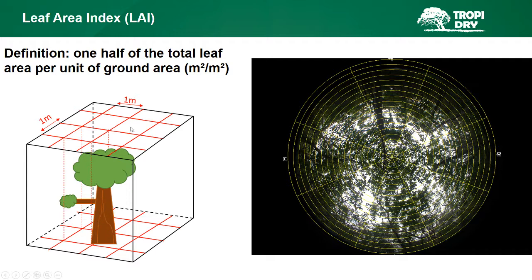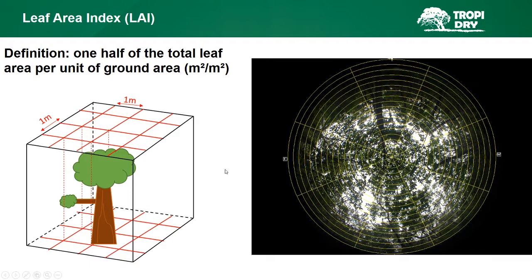So it's measured in meters squared per meter squared. So that's leaf area in meters squared within a meter squared plot, like this. So how much of this vegetation occupies this meter squared plot?